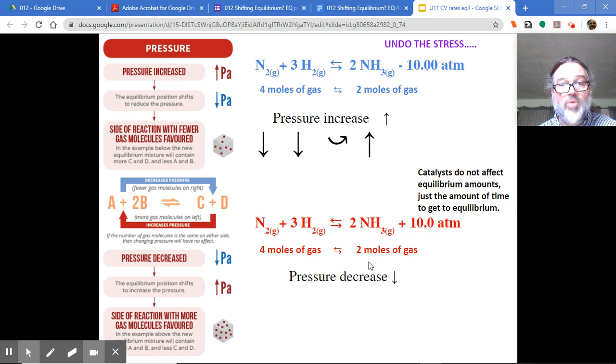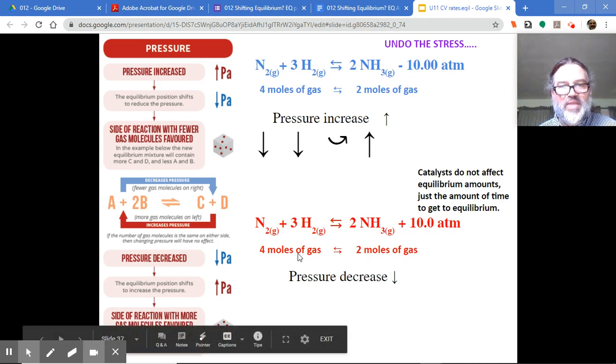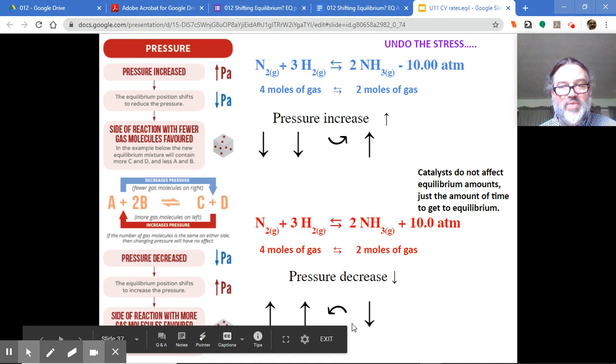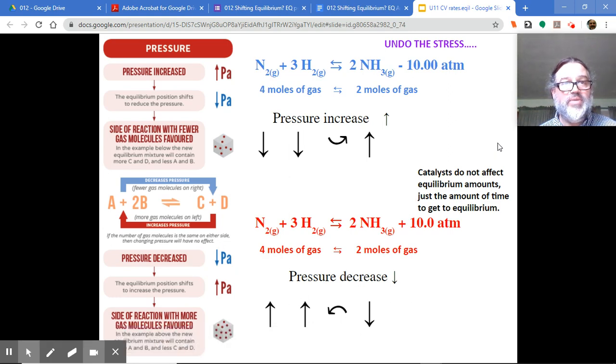If you lower the pressure, let's make more pressure, right? Let's undo that and make more pressure. 4 moles of gas makes more pressure, and we would see it shift this way. Remember, catalysts don't affect the equilibrium amounts, just the amount of time it takes to get to equilibrium.